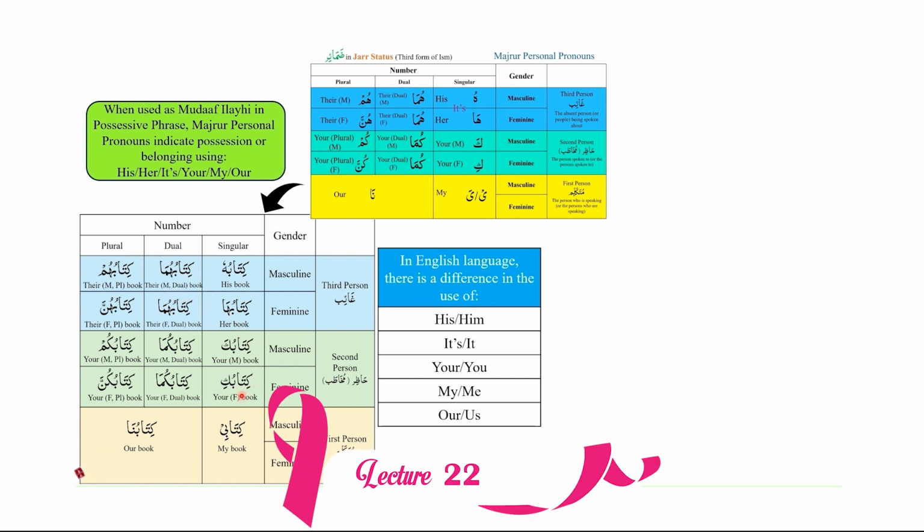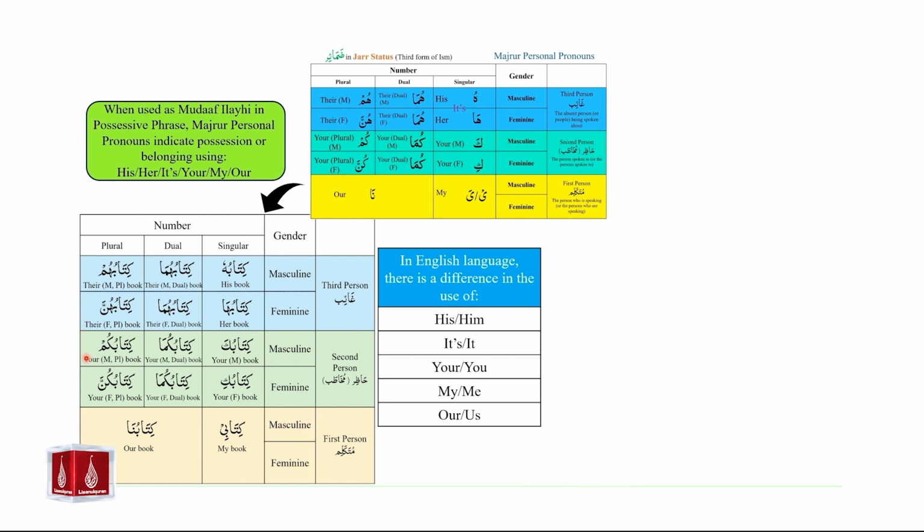Kitabuki, your book. Kitabuna, our book. So in this table, the attached personal pronouns are being used as mudaf ilay, and they bring out the meaning of his, her, their, your, our, and my.